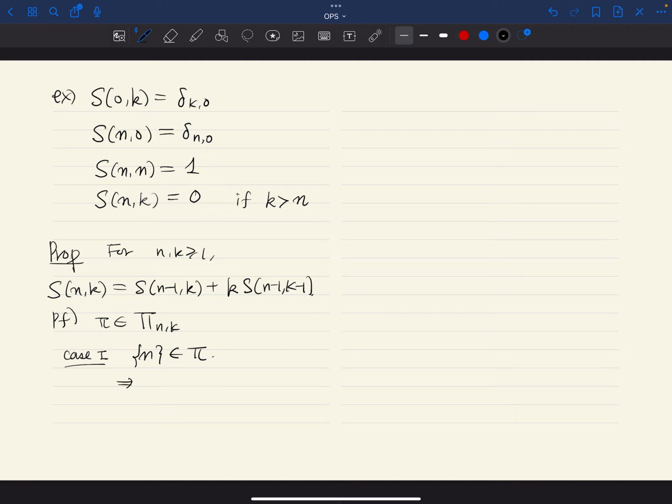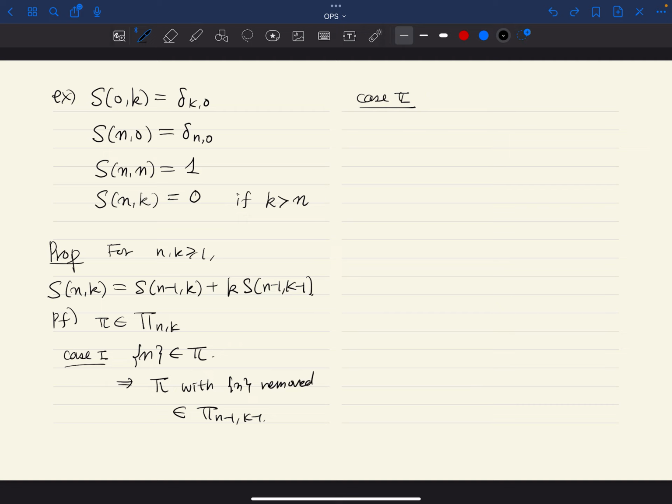So that means if you delete n, the removed partition will be an element of Pi n minus 1, k minus 1, right? But otherwise, case 2.